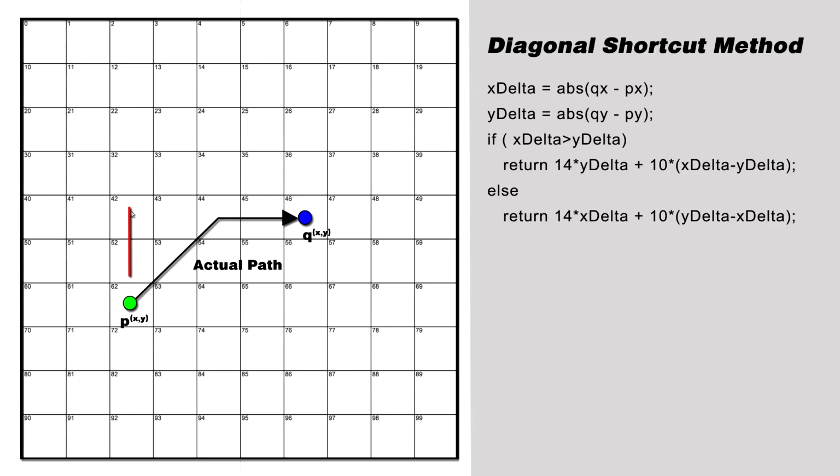All we have to do is find which of the offsets is the smallest, in other words the minor dimension of the offset, which in this case is 2, and charge that at the diagonal movement cost. So in this case it would be 2 times 14. Then what's remaining once we subtract the minor dimension from the major dimension must be straight, either horizontal or vertical travel, which we can then charge at the standard movement cost of 10.